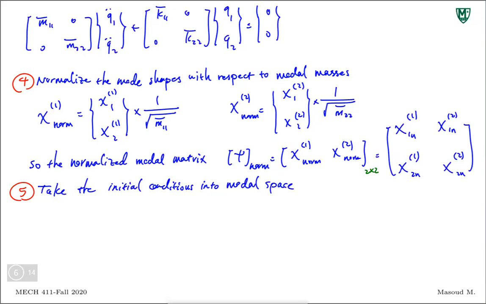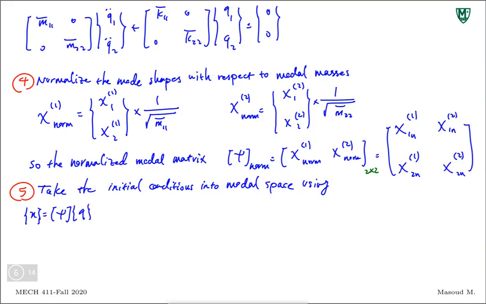So here's what you do. How do we do that? The same transformation that we said is the backbone of modal analysis: x is equal to modal matrix times q. We just use that one, so using x is equal to psi q.